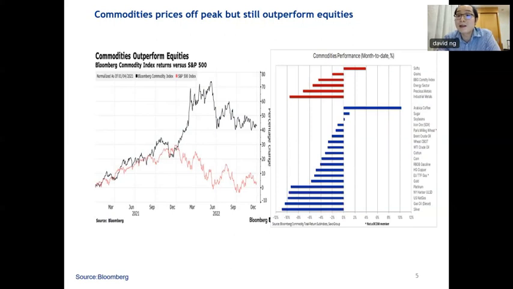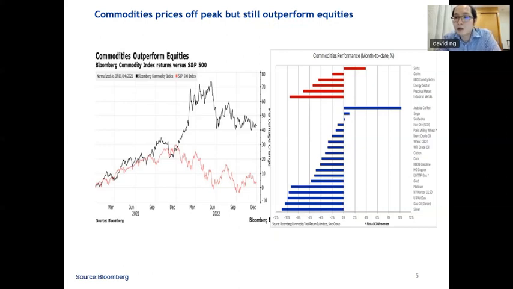If you need an asset class that gives you good returns, look at commodities. They have been performing well since the second half of last year, right until today. So the key point is that as equities become a tougher asset class to invest or trade in, commodities give you a bit more leeway.